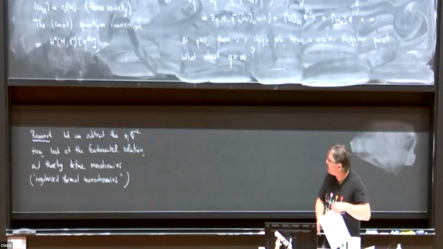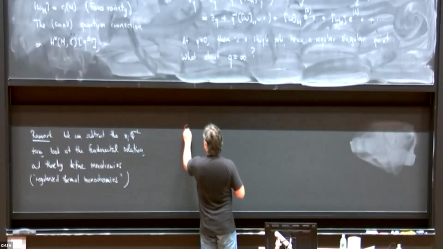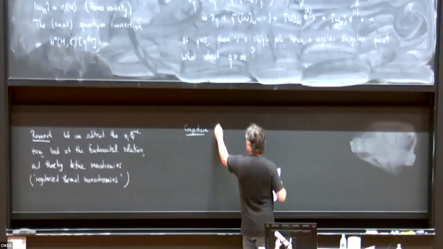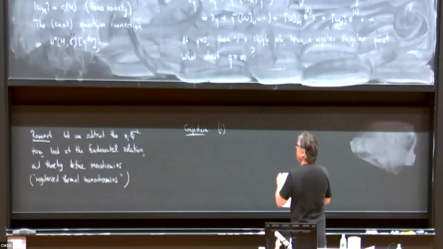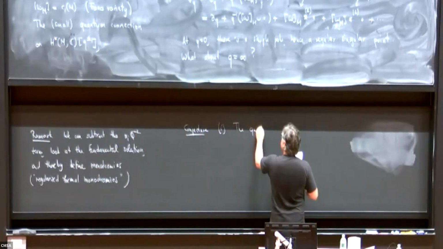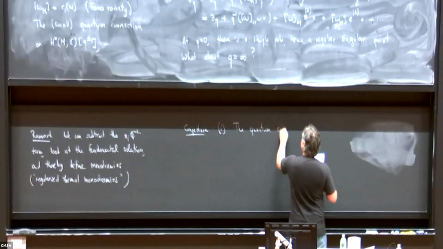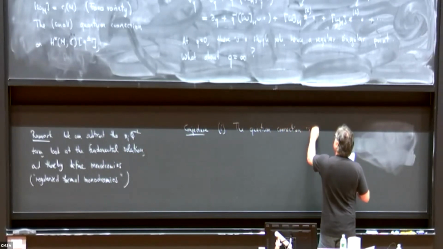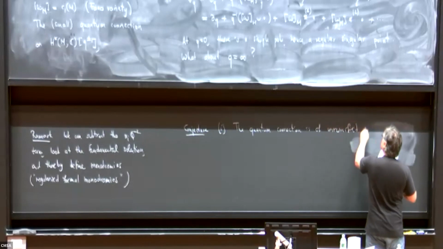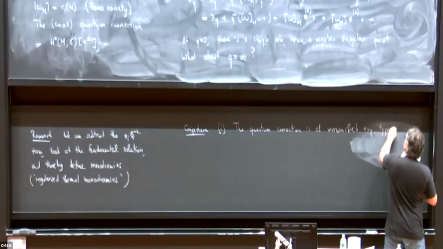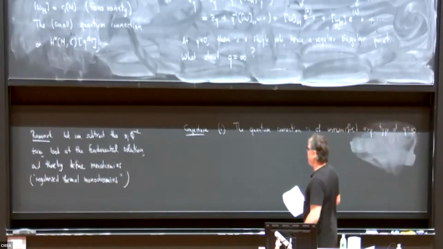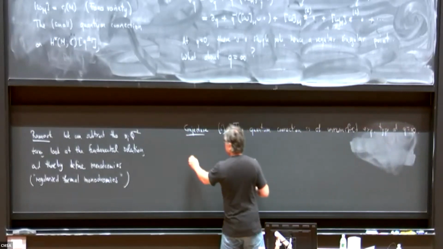Okay, this is your background, and so the conjecture comes in two parts. One is quite well known, in the literature: the quantum connection is of unramified exponential type at q equals infinity. So if you do a formal expansion in 1 over q, like I've done there, then this is of unramified exponential type.